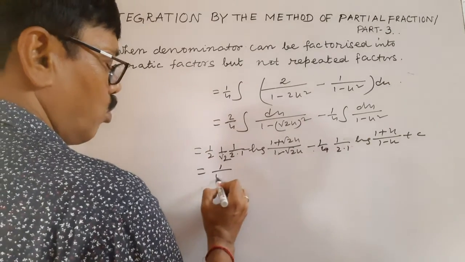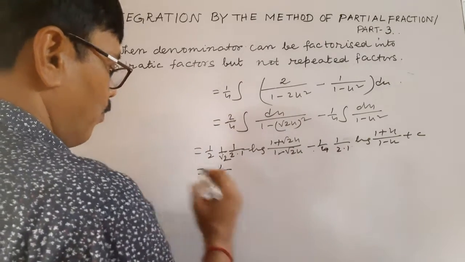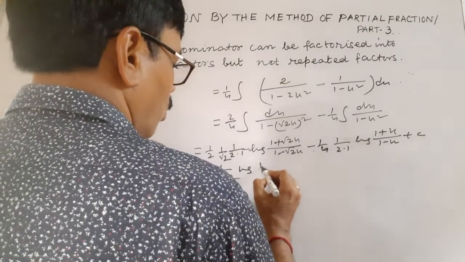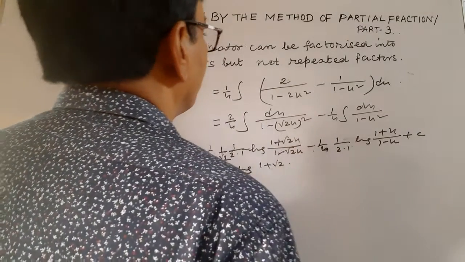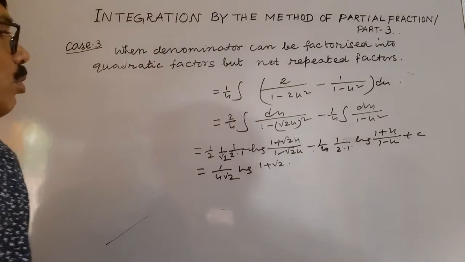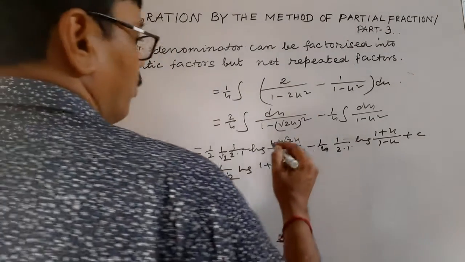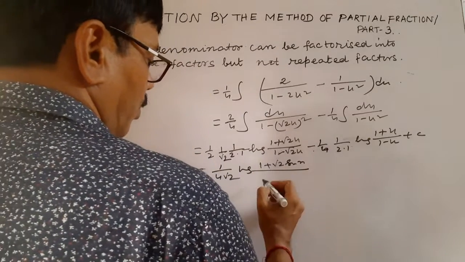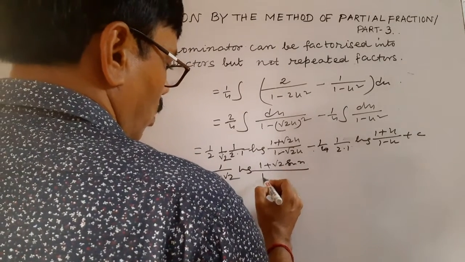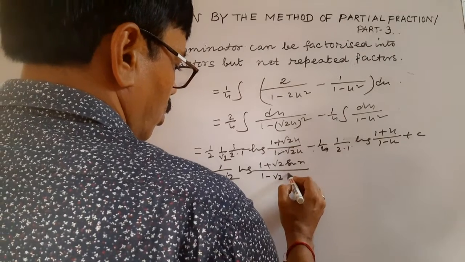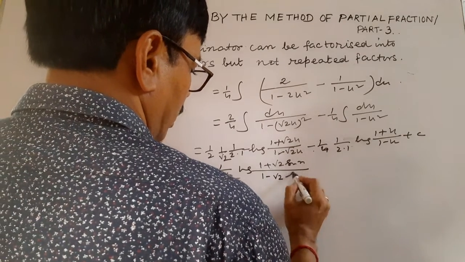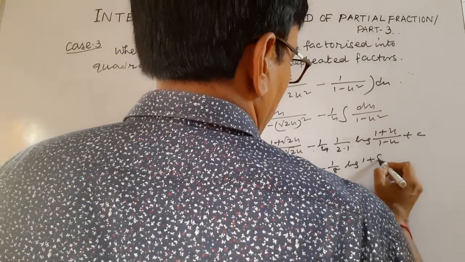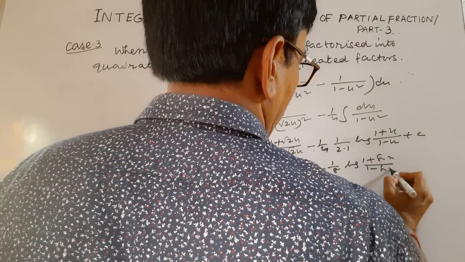So 1 by 4 root 2 log of 1 plus root 2 sin x by 1 minus root 2 sin x, where u equals to sin x, and then log of 1 plus sin x by 1 minus sin x.